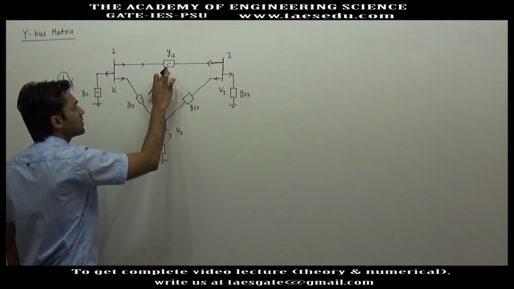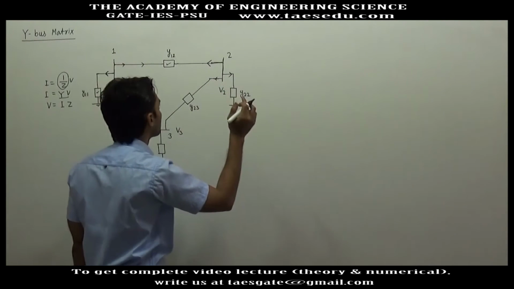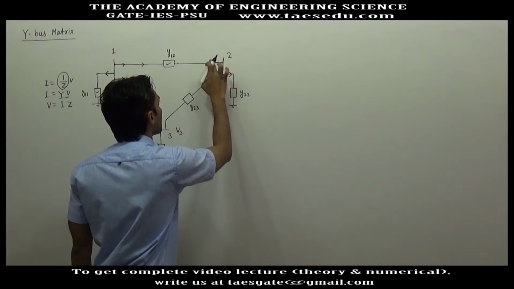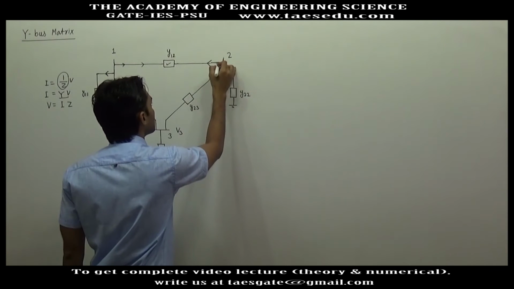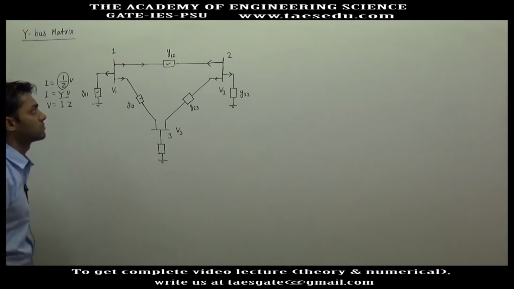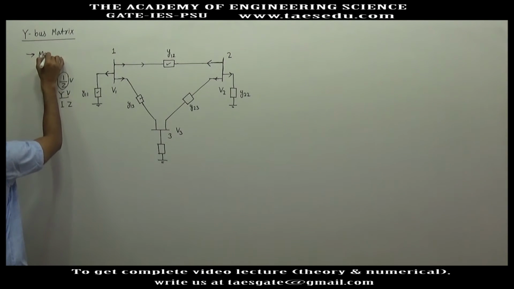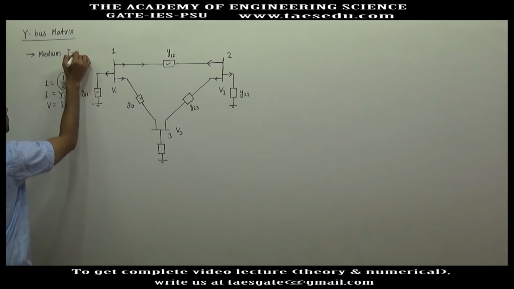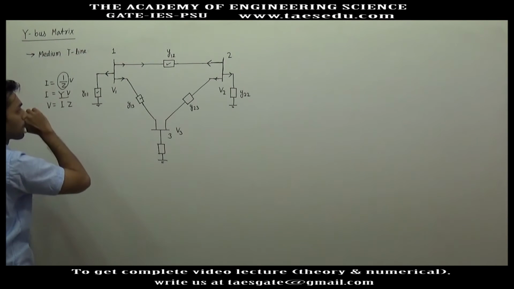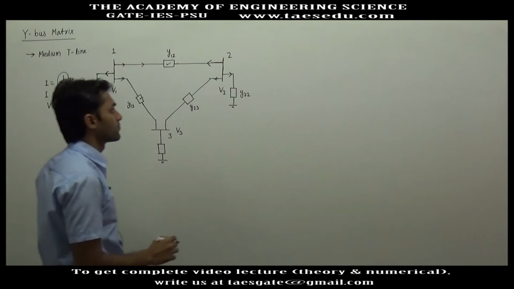In the transmission line, I have shown only one impedance. So this was the model of a short transmission line. What will happen for a medium transmission line? There are two models.